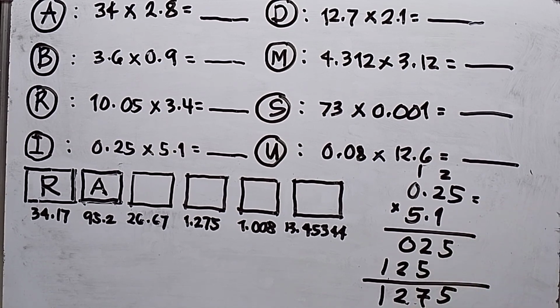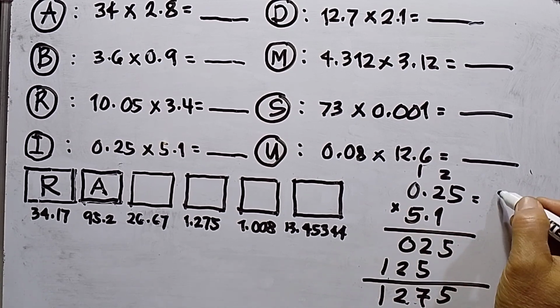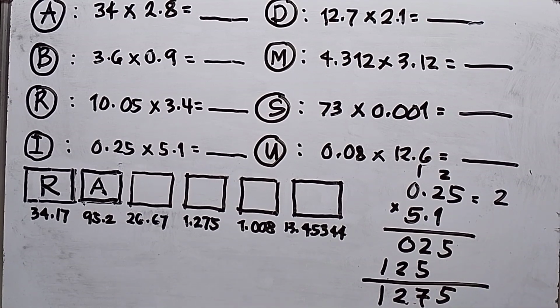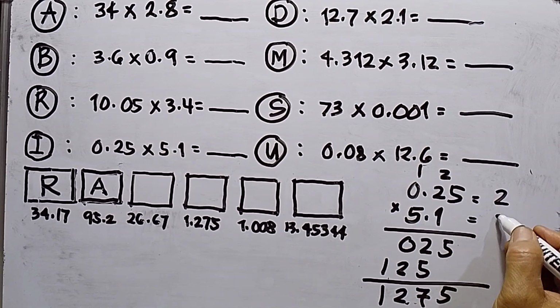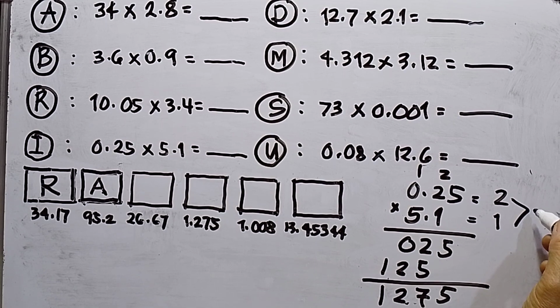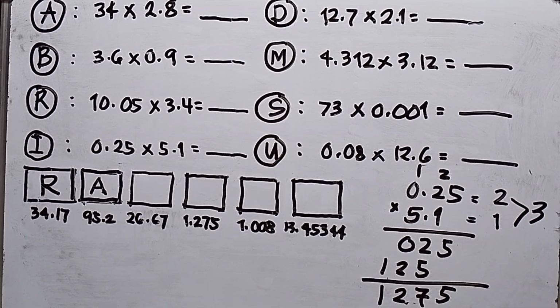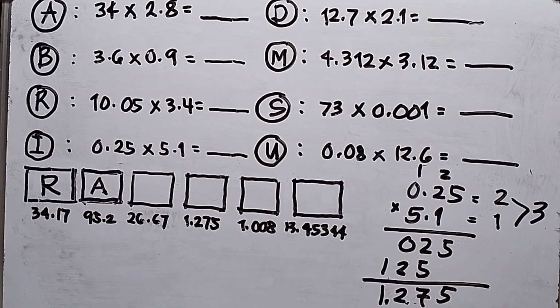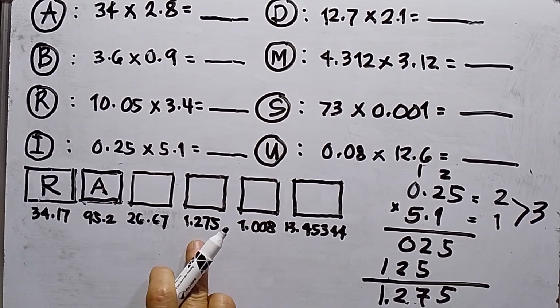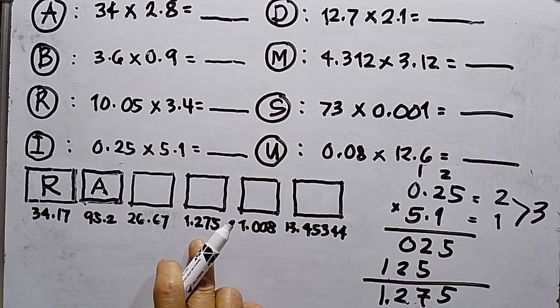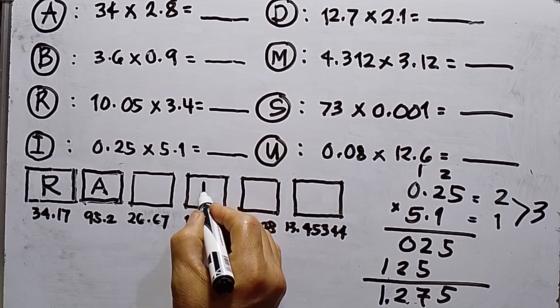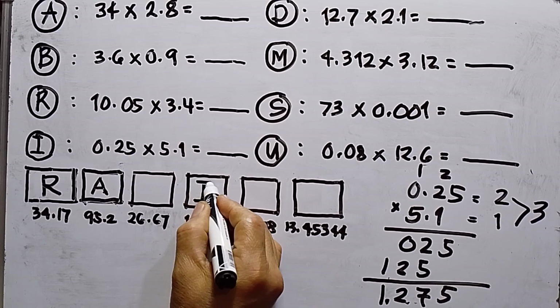How many decimal places for 0.25? 2 decimal places. And how about in here? This is 1. So I've got 3 decimal places. So 1, 2, 3. So I've got the product which is 1.275. So this is the fourth box. This is letter I.